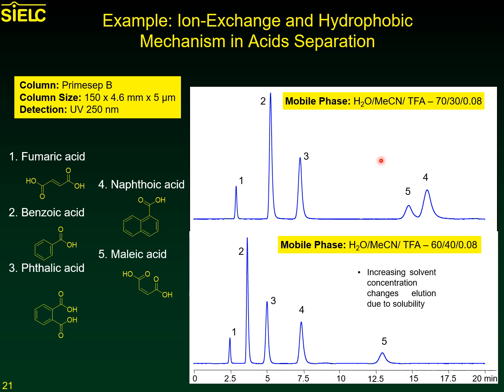If one were to change the concentration of the acetonitrile to 40% acetonitrile in water and maintain the same concentration of buffer, they would find that they were able to more cleanly elute the naphthoic and the maleic acids. And this is because changing the solvent concentration changes the hydrophobic interactions. Increasing the amount of organic modifier is going to more quickly elute the naphthoic acid, given that the hydrophobicity has now been modified.